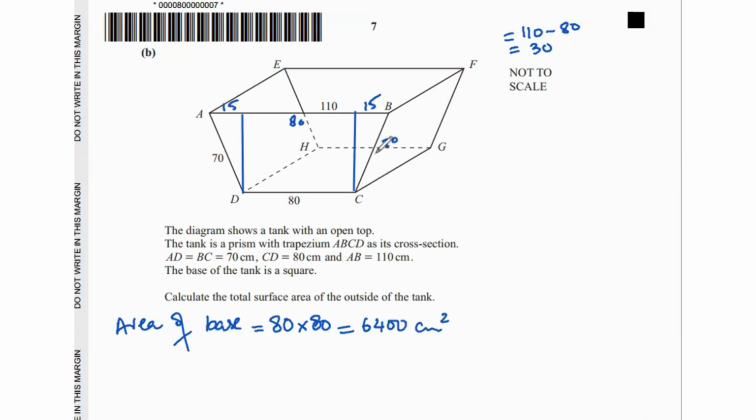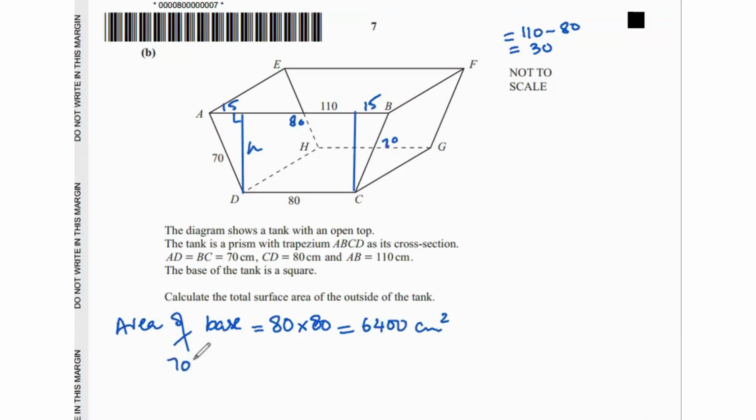Now, to find the total surface area, we need to find this height over here. For the trapezium, we need the height in order to calculate the area. So we can see that this is a right angle triangle. We have the hypotenuse, we have another length, and we have to find the third length. So we can use Pythagoras to find the value of h.